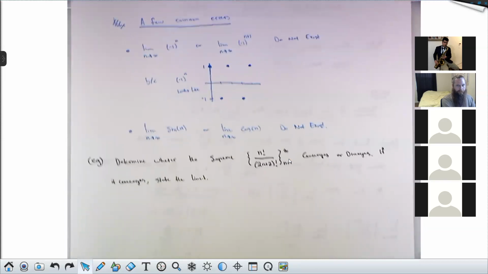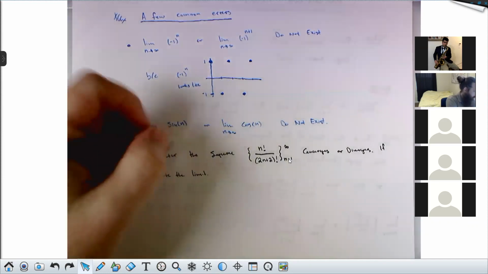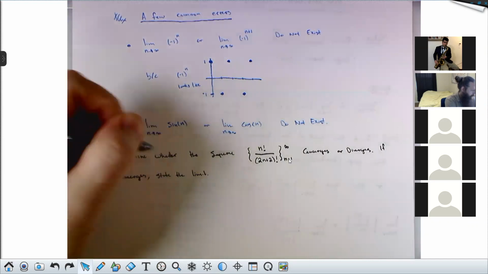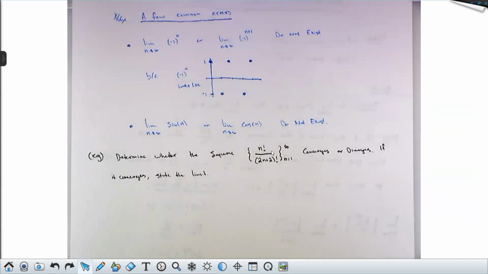All right. I've got a sequence. I want to know whether it converges or not. What question am I trying to answer? How else can we phrase this? I'm not asking for the answer.